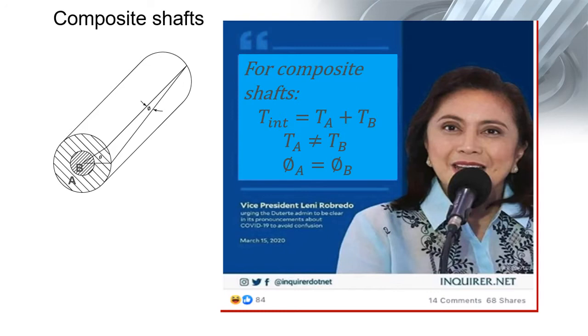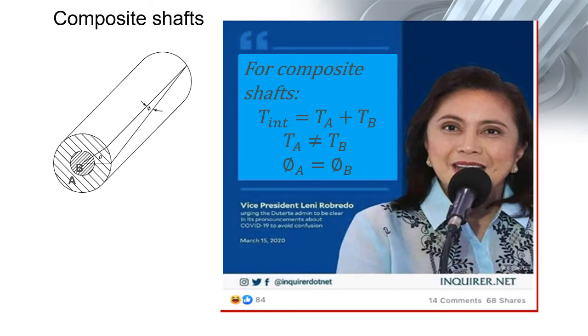Now, do not assume that TA is equal to TB or that the internal torque is equally shared between the two materials. Most of the time, TA is not equal to TB. What would be the relationship between TA and TB? Use the equation phi sub A is equal to phi sub B to get the relationship of TA and TB.